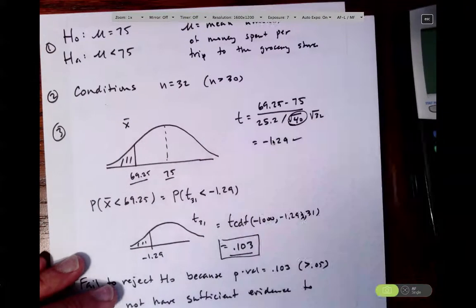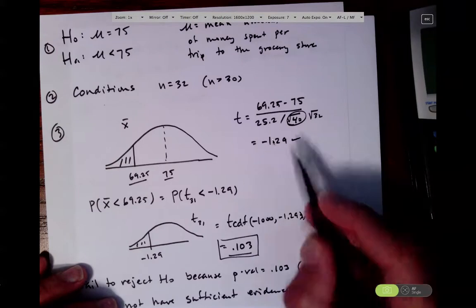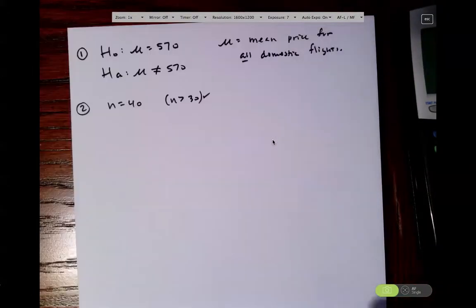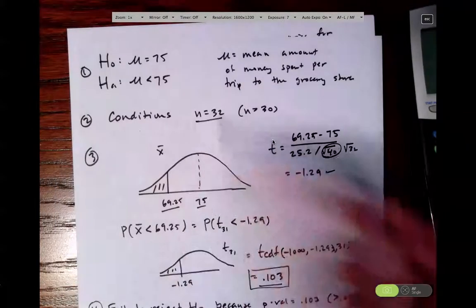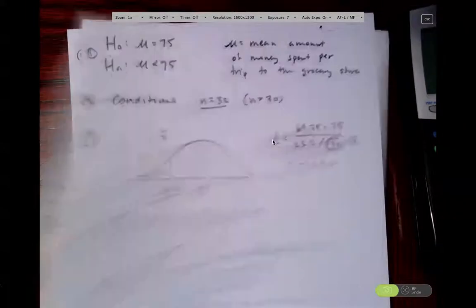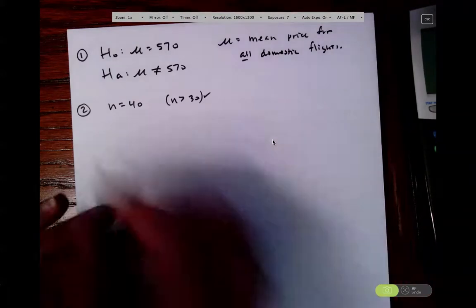You still get negative 1.29. This was just a misprint. But here, n was equal to 32. That should say 32 here. N is still bigger than 30. So our conditions are met.